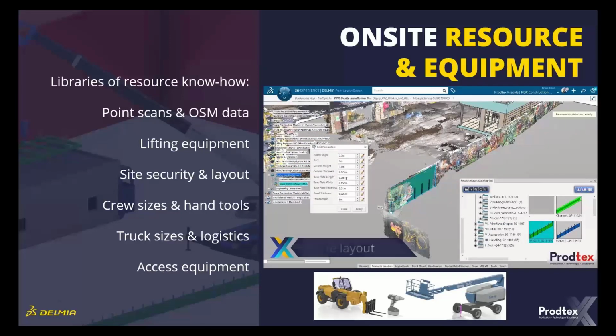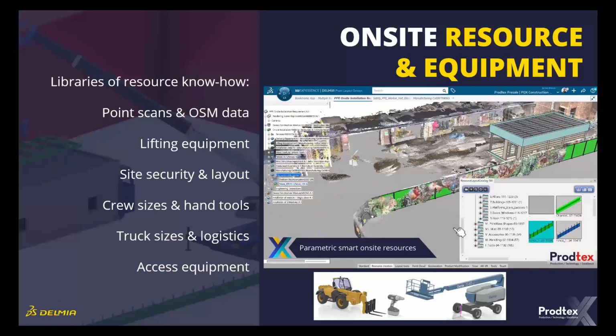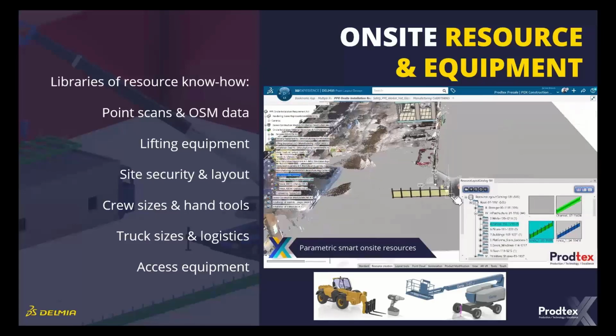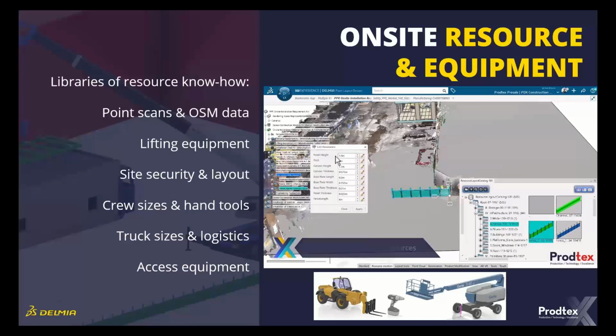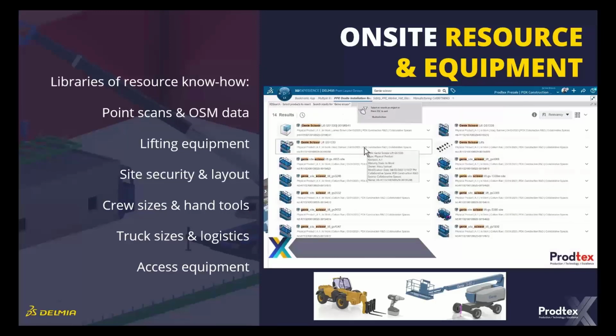We know this in terms of DELMIA's resources. Traditionally, when you simulate, these resources are there, they're present, but they're not active. They don't do anything. Your construction is done, as they say, by magic or pixie dust. But really, the detail from your resources is what's going to define that extra granularity of de-risking what's happening on site.